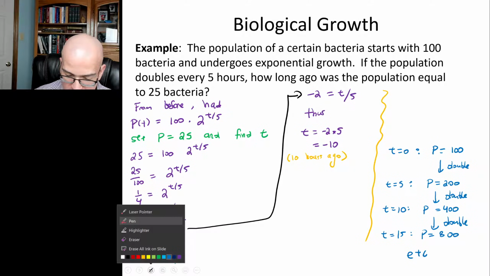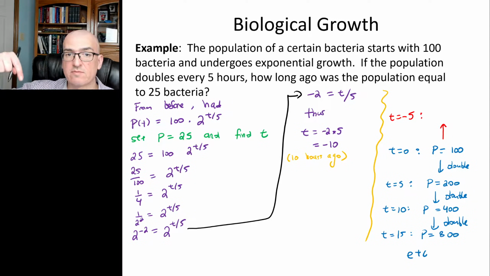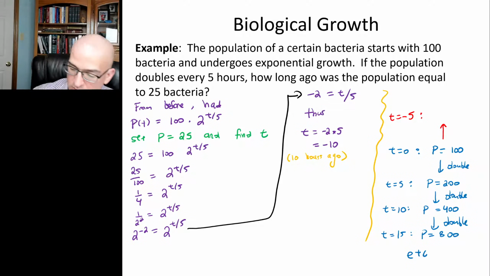Now what if we go backwards? To t equals -5. Well, if we go in jumps of 5 forward to double, going in jumps of 5 backwards, we're going to undouble. Undouble. I have to write that carefully, because maybe it's not a word. So how do we undouble 100?